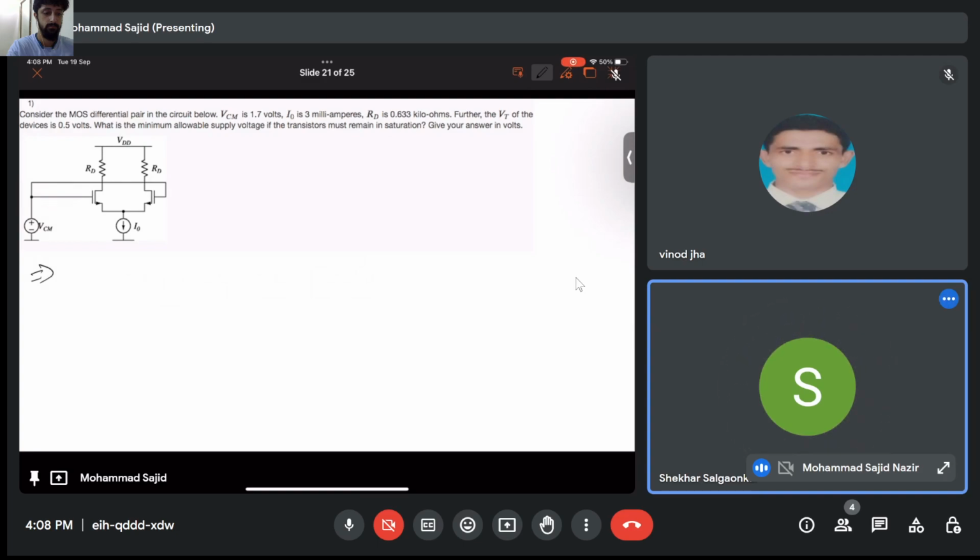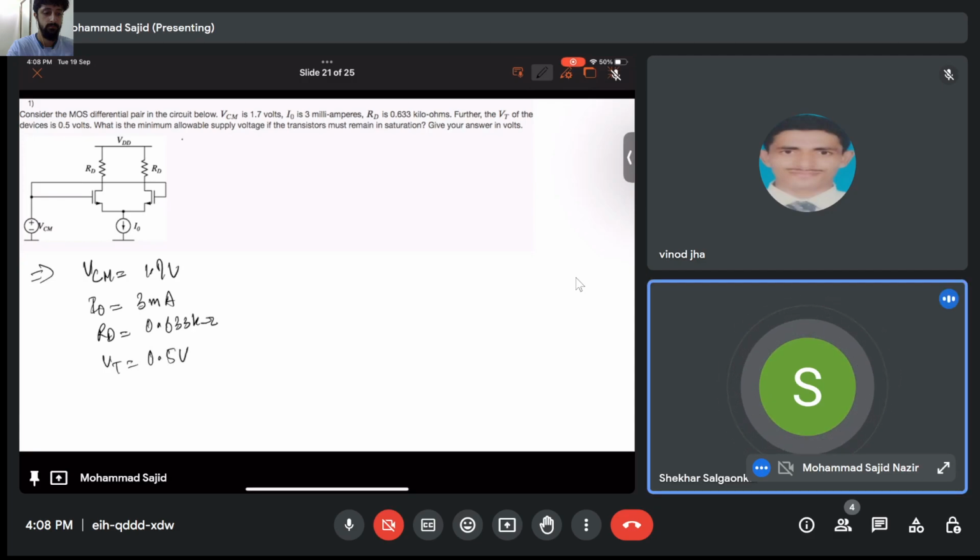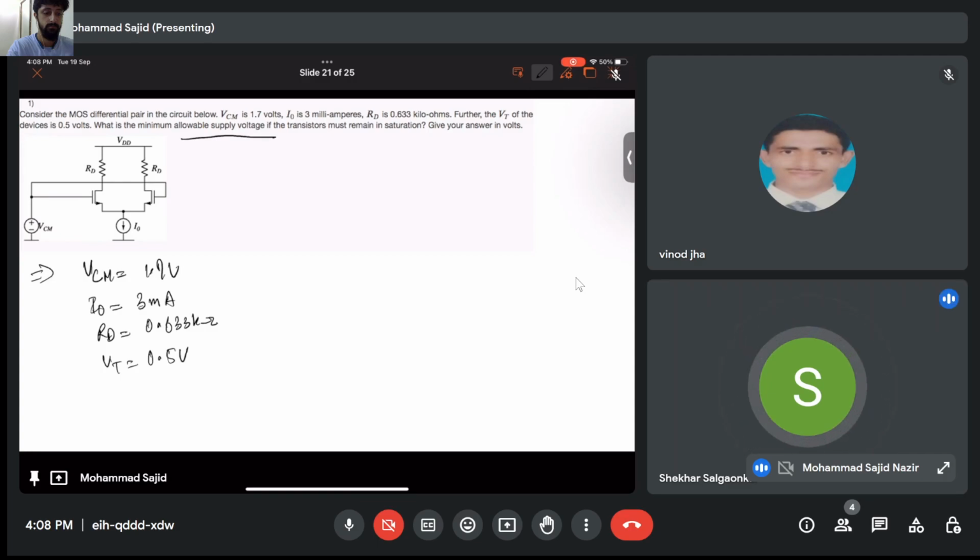Let me just note down the values that are given. VCM is given to us as 1.7 volts. I naught is 3 milliamperes. RD is 0.633 kilo ohms, and threshold voltage is given. What is the minimum allowable supply voltage if the transistors must remain in saturation?